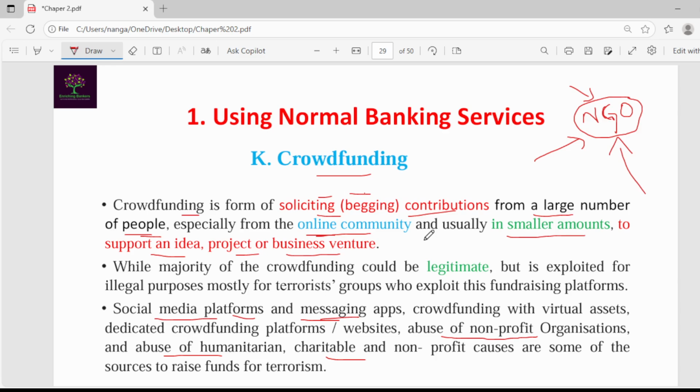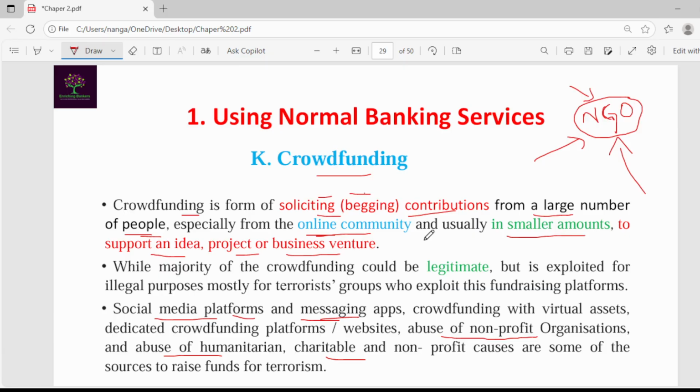No investigator gets doubt on these contributions, because they think that these contributions are utilized for the well-being of orphanages, for providing food to the children. But in the background of this activity, they use funds for criminal activities or terrorist activities, and also they push their illegal funds through these NGOs and convert their illegal funds into legal funds.